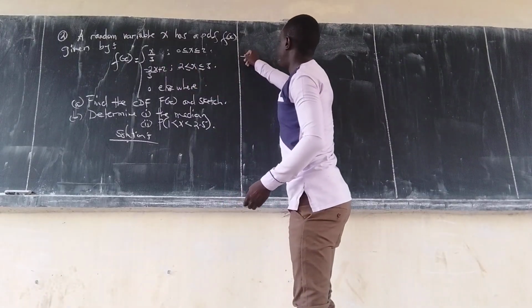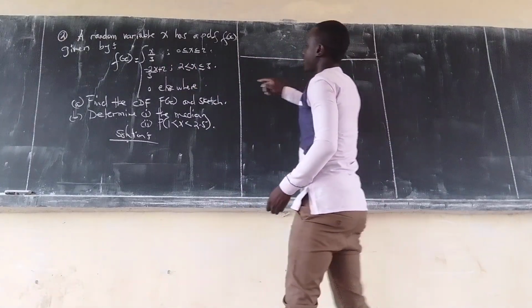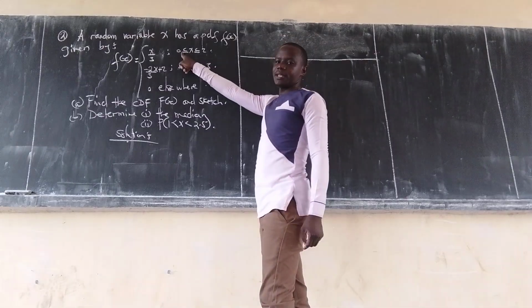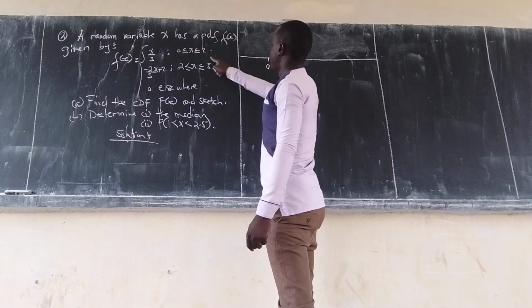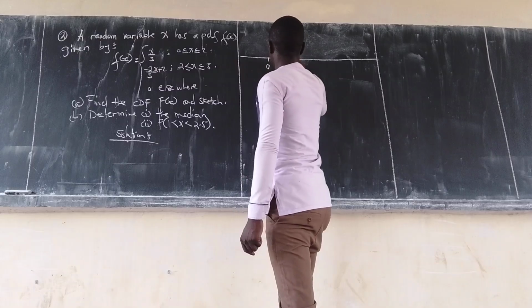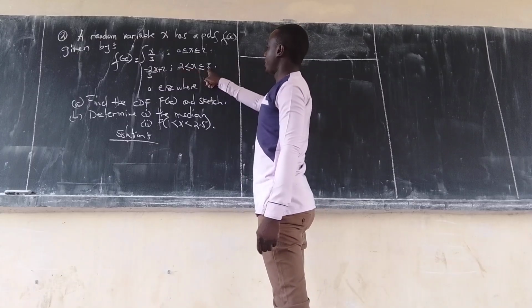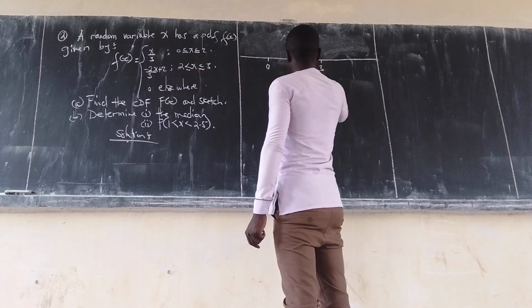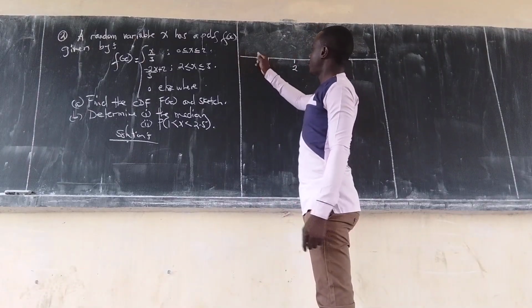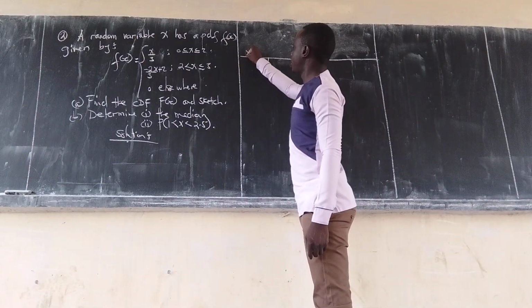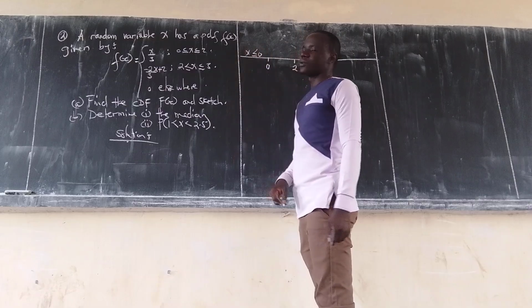We shall draw a number line like this. The first value beginning from the list is 0, put here is 0. The second one is 2. After 2 we have 3 and they are over. So for this region before 0, we shall look for all x values which are less or equal to 0.